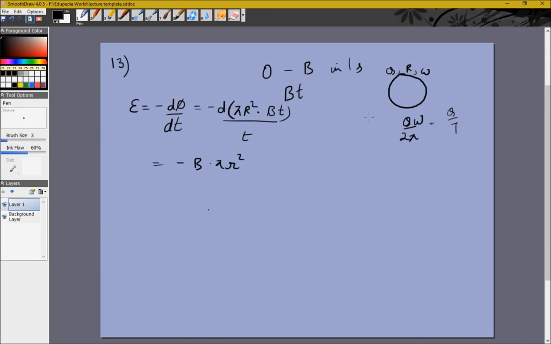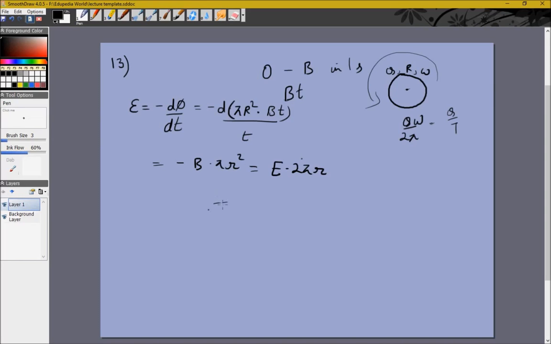The sign at this moment doesn't matter. And this is equal to the electric field into 2 pi r, because the magnetic field is along the axis, so the electric field will be in the circumferential direction, which gives us, again, the sign really doesn't matter, we are just talking about magnitudes.